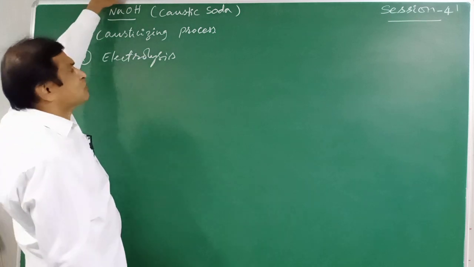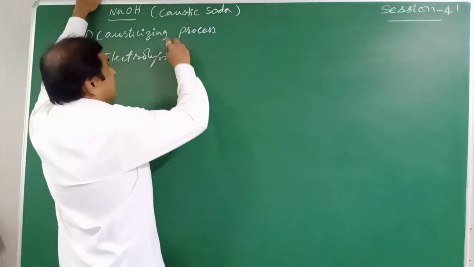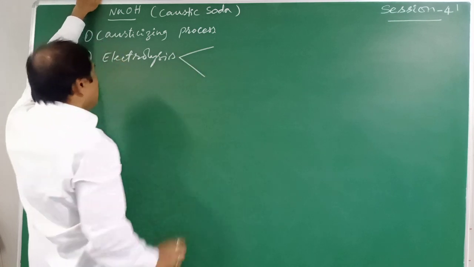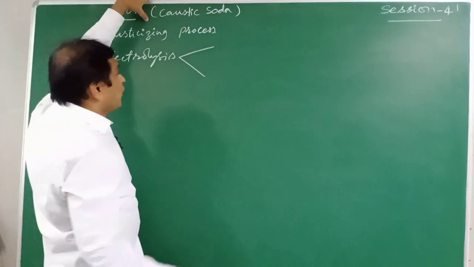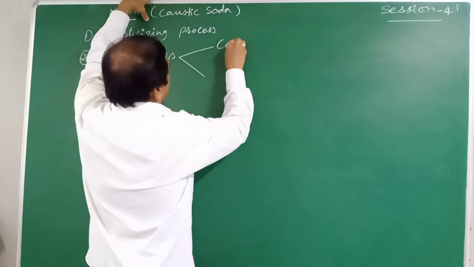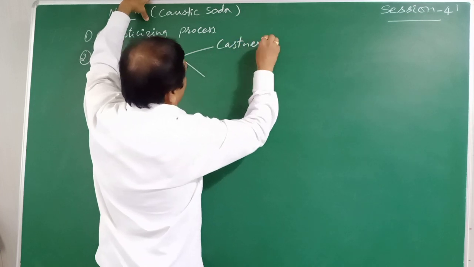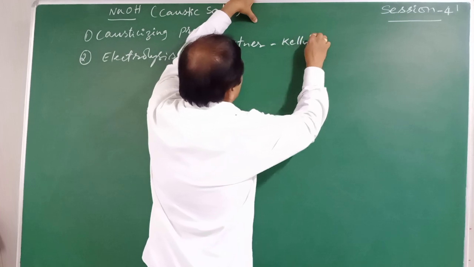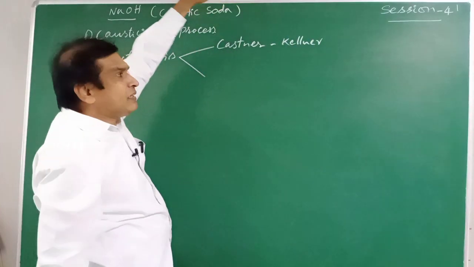In the electrolysis method, sodium hydroxide, that is caustic soda, can be manufactured by two methods. One is the Kastner-Kellner electrolysis method.